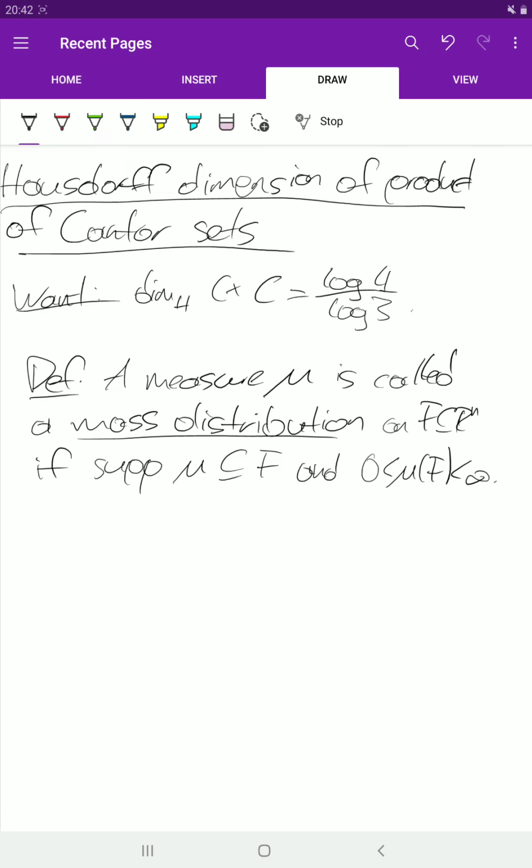Now let's state the mass distribution principle, and let's prove it later. What does it say?